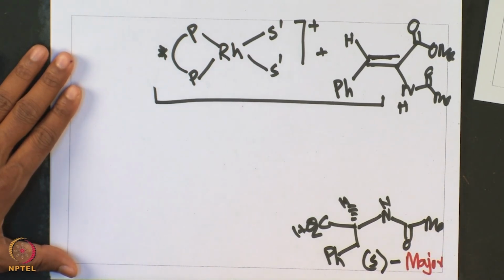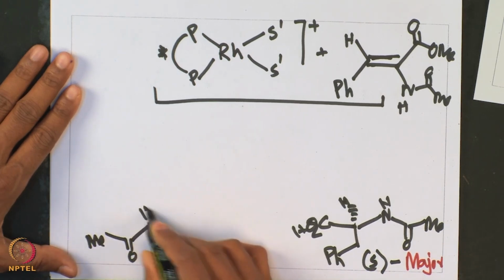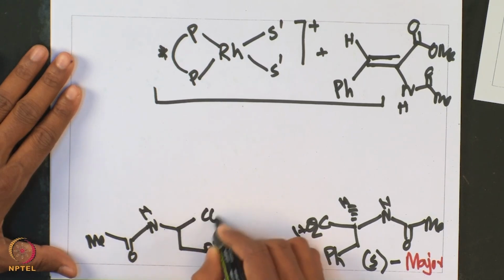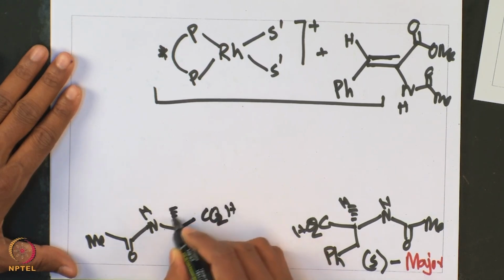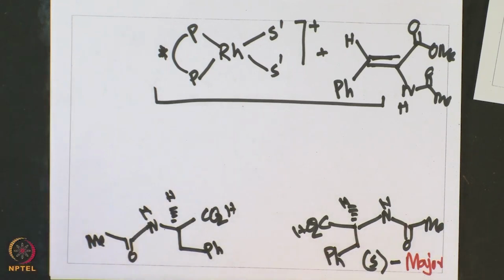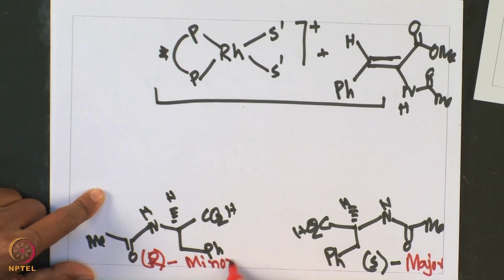The other product is the minor one or a very small amount, since it is a very good asymmetric reaction, and that is the R product, which we are going to draw right now. This is the mirror image of that one, and that is the R product, and that is the minor product.